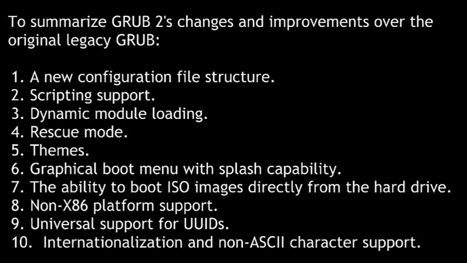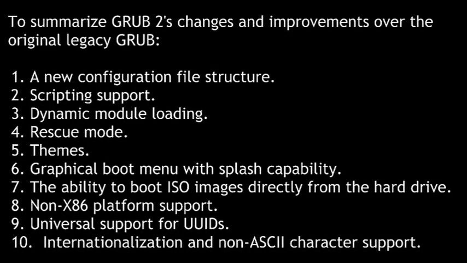To summarize Grub 2's changes and improvements over the original legacy Grub: 1. A new configuration file structure. 2. Scripting support. 3. Dynamic module loading. 4. Rescue mode. 5. Themes. 6.